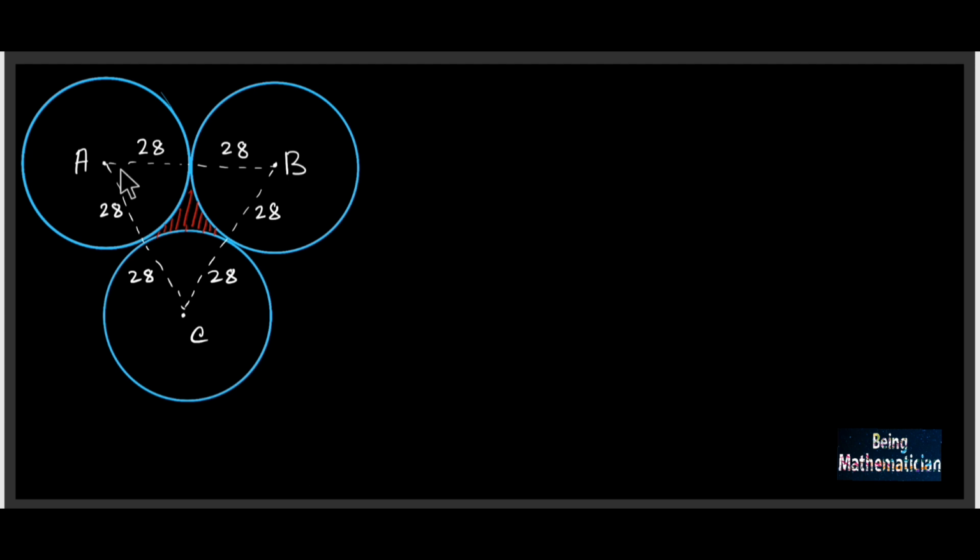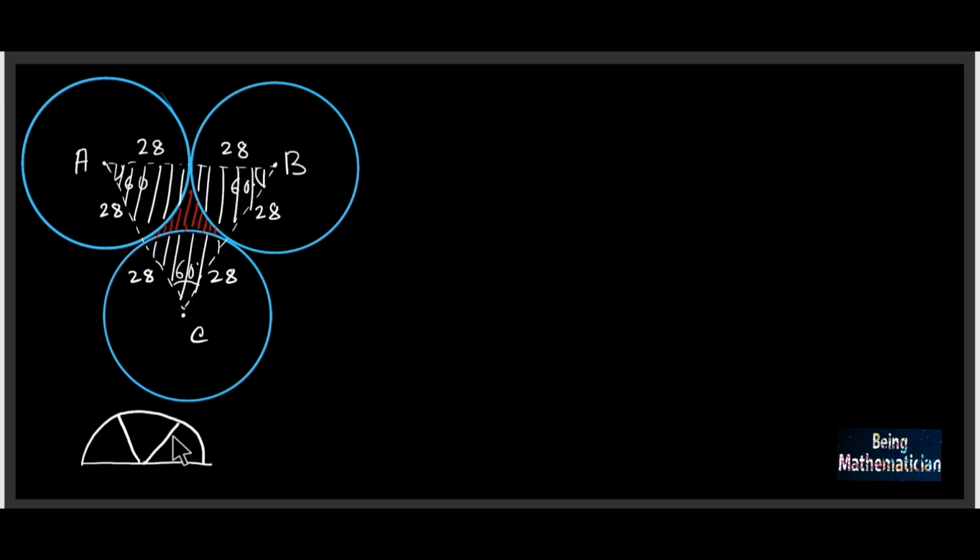Since ABC is an equilateral triangle, this angle is 60 degree, this angle is 60 degree, and this angle is 60 degree, and these are sectors.